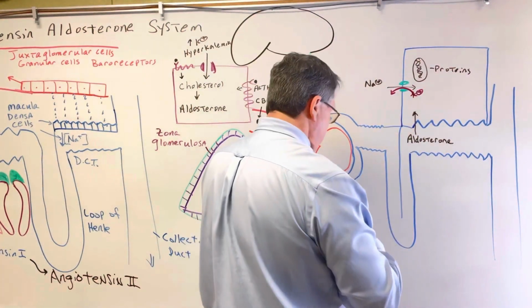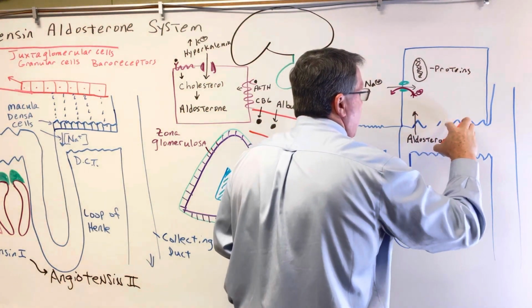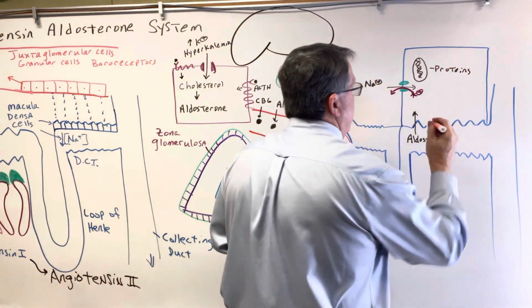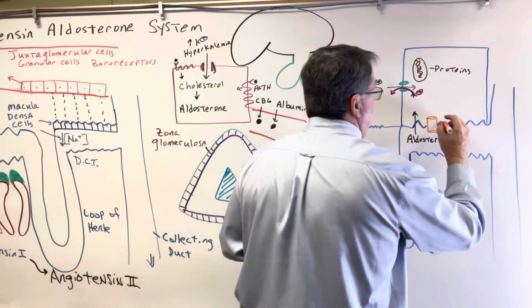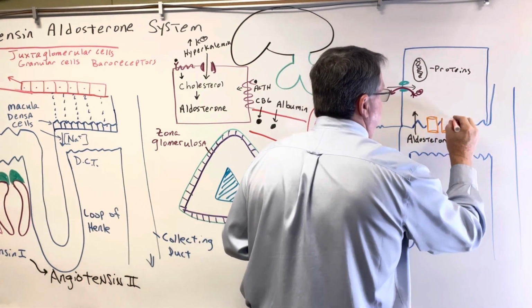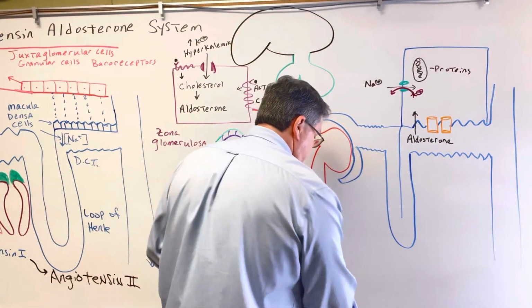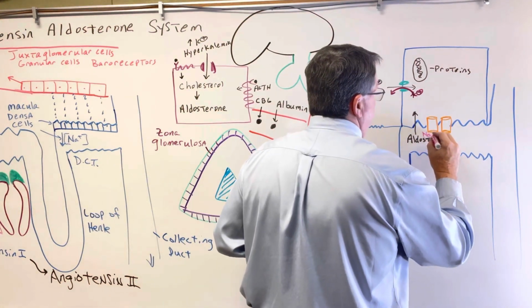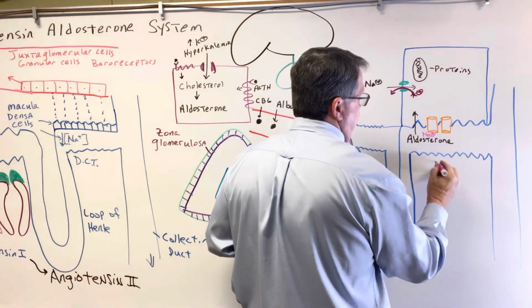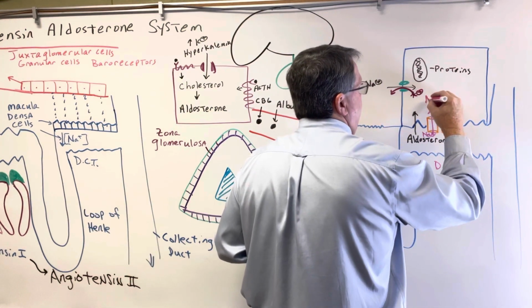It's also going to cause other hormones to be made that are going to go along this collecting tubule. Now these aren't going to be here if we don't have that decrease in blood pressure. What these are going to do is send sodium in here, and cause sodium to come out of the distal convoluted tubule and go through these into the cell here.